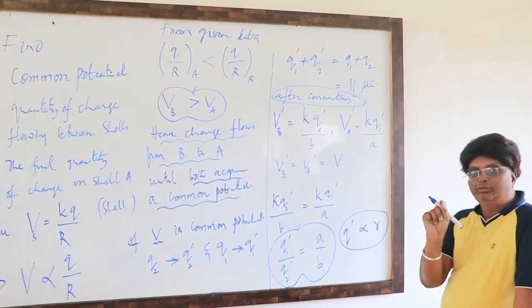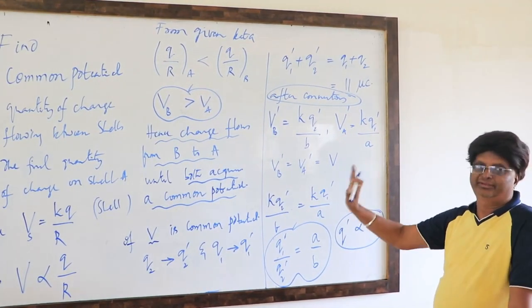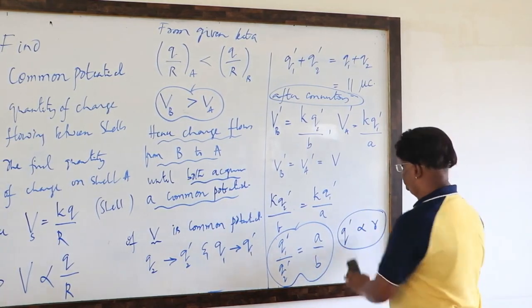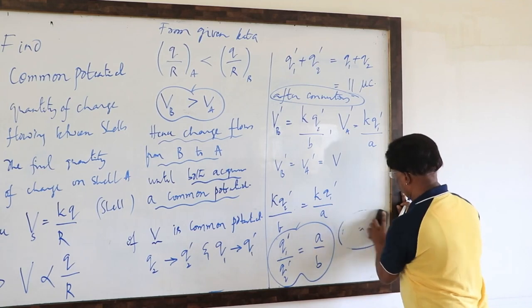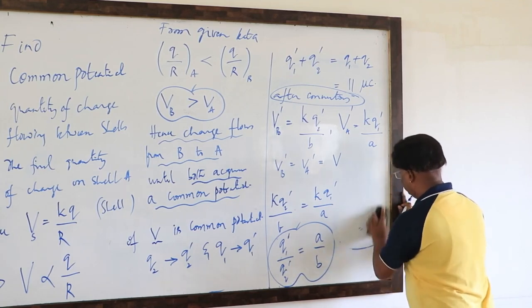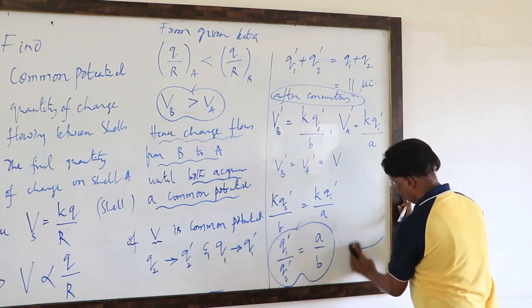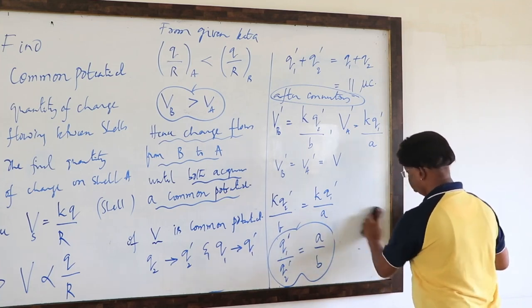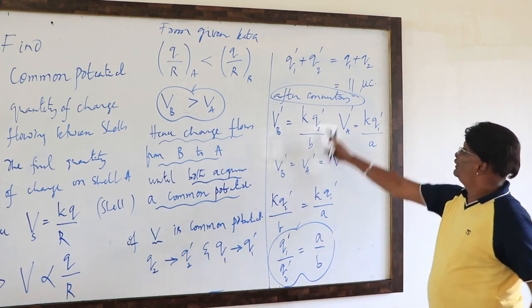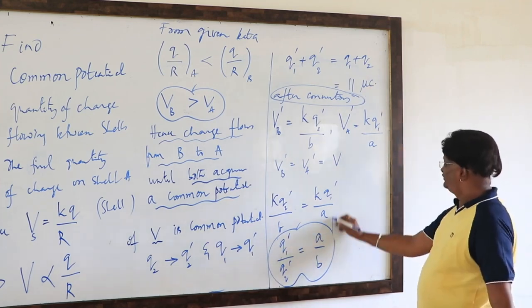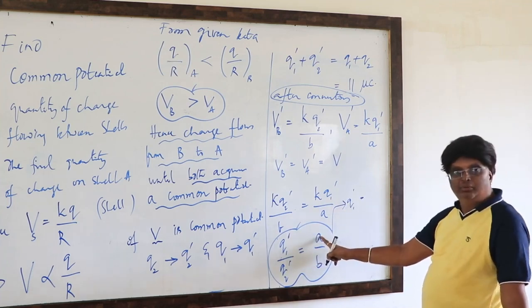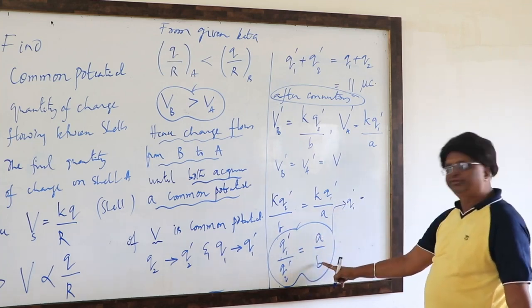Now to discuss all these points, I have taken up this example. So now Q dash by, now you see Q1 dash, Q2 dash. Therefore from this, what is Q1 dash? Q1 dash is A parts and Q2 dash means B parts.